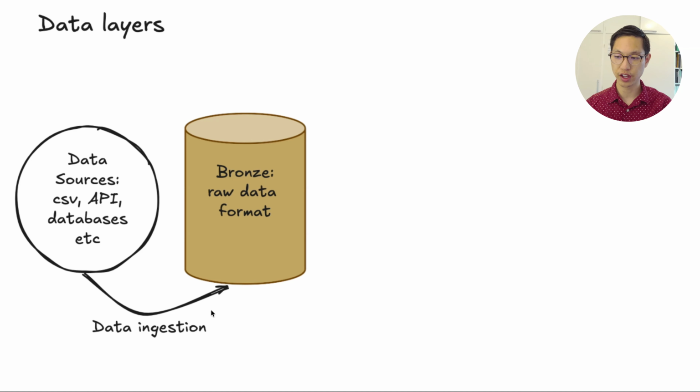Then you get your data into the bronze layer, and the data ingestion part, the EL part of ELT, extract and load, is where we use Lakeflow Connect. So in Databricks we use Lakeflow and we have Connect. We have Spark declarative pipelines for transformations, and then Lakeflow Jobs for orchestration.